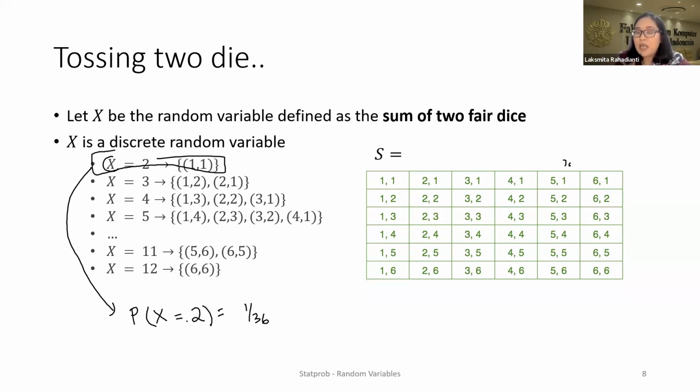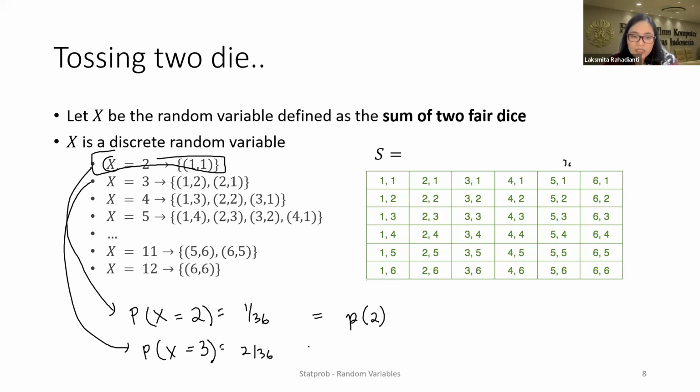This is my PMF, which I can also write in this notation. You see? And this one follows. So if I have P(X = 3), which means the probability of random variable X having the value of 3 equals 2 over 36, this can also be written in a PMF format as small p(3).